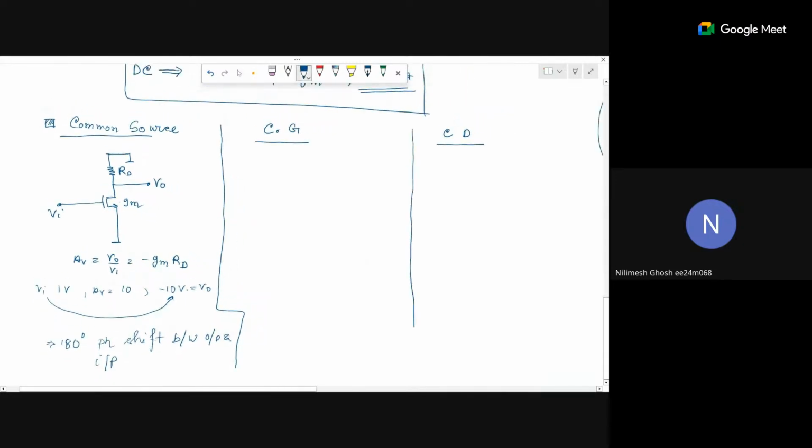Now for a common gate amplifier, this is the configuration. The gate should be common, right? Generally, the common gate amplifier is used as a current buffer.